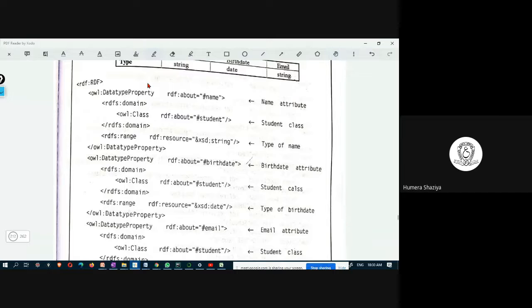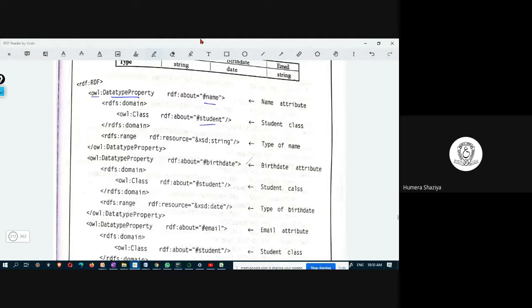Within RDF, we have OWL. In this OWL, it says data type property. Data type property is this name for the name attribute. What is the domain? Domain is the student class. Why?